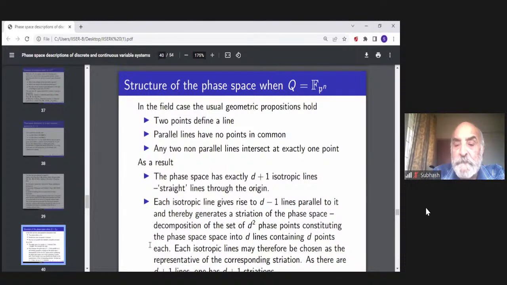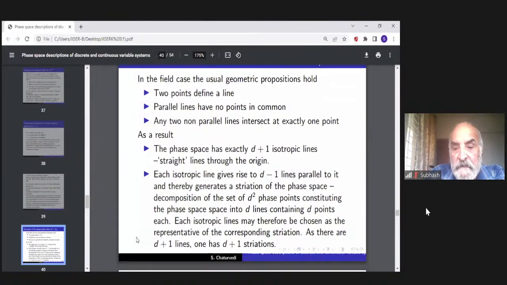Decomposition of the d-squared phase points constituting the phase space into d lines containing d points each. Each isotropic line may therefore be chosen as a representative of the corresponding striation, and therefore we have d+1 striations for a given system. D, remember, is a prime power.